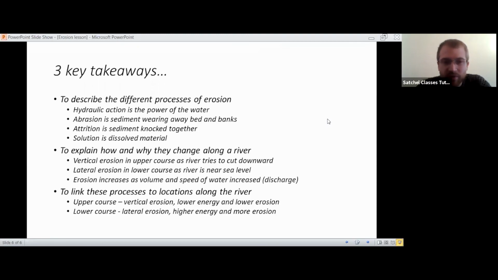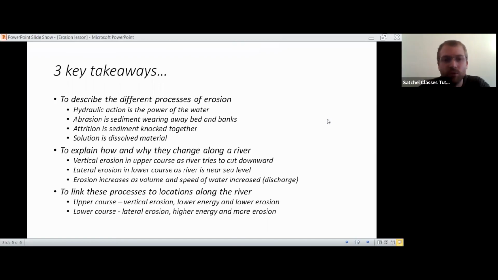In terms of where they will happen and why they'll happen in the river, vertical erosion always happens in the upper course as the river is trying to cut down to sea level. Lateral erosion is where the river is in its lower course, middle to lower, where it transfers its vertical energy to lateral energy. As it's nearer sea level, it doesn't need to cut down as significantly anymore.